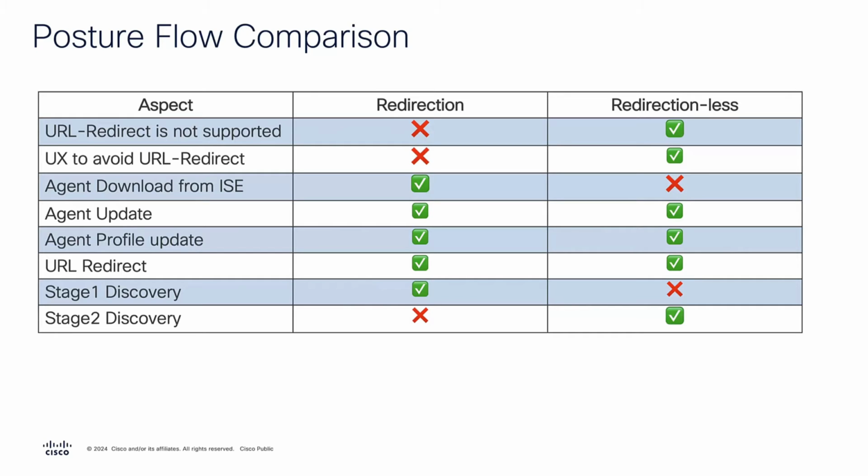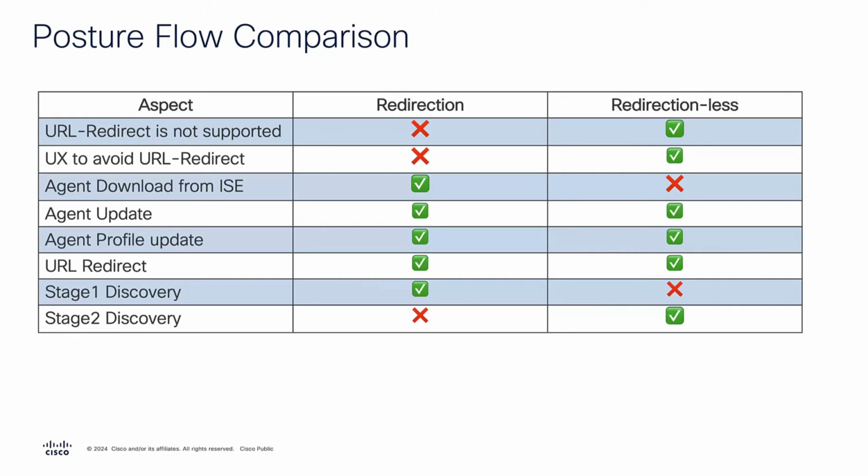But if your network device supports it and you don't have any problem with user experience, whenever they connect to the network, you don't have any problem letting them be redirected to the client provisioning portal, that's when you can go ahead with the redirection flow. The redirection flow helps you download the agent from ISE, or if there is any update available, it's going to update it, either the configuration version or a profile.